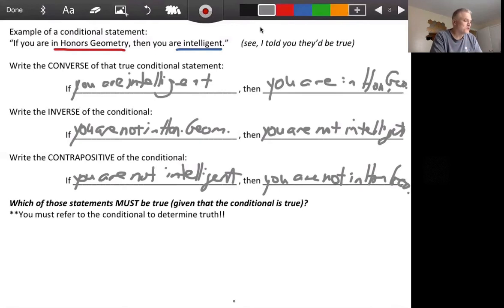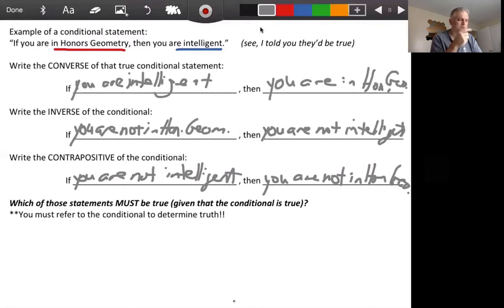Okay, so write the inverse of the conditional. If you are not in honors geometry, then you are not intelligent. Is that true based on the conditional? Okay, so let's take it. If you are not in honors geometry, okay, so we're going to say that's your given. You're not in honors geometry, then you are not intelligent.